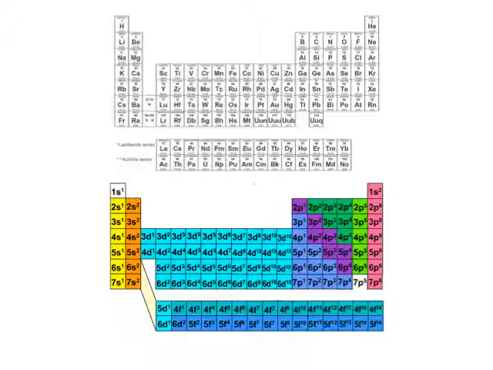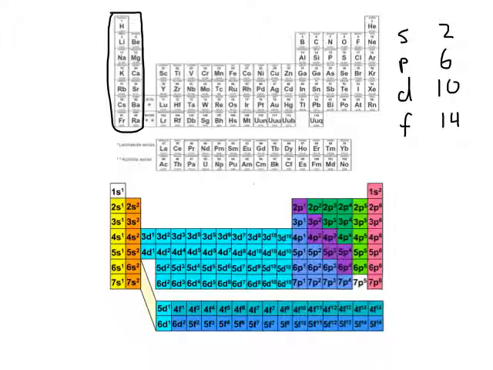Later work then discovered that these different places that they could occupy, known as orbitals or sublevels, had different shapes, and there were four varieties of them: S, P, D, and F. And each of these sublevels had different capacities to hold electrons: 2 for S, 6 for P, 10 for D, and 14 for F.